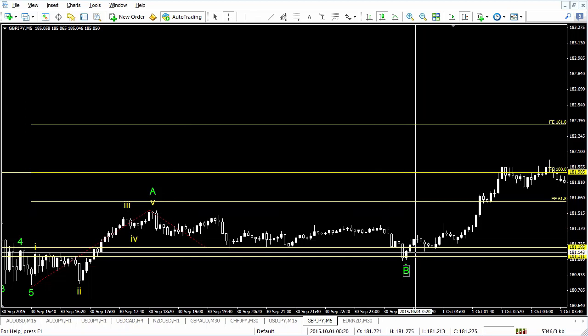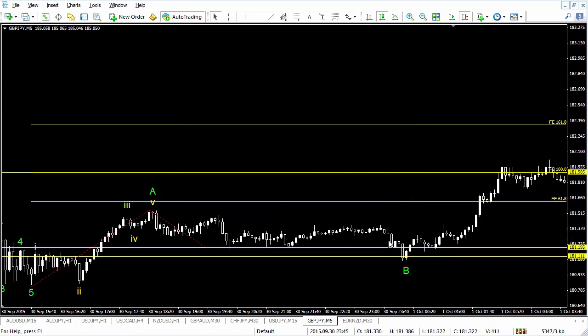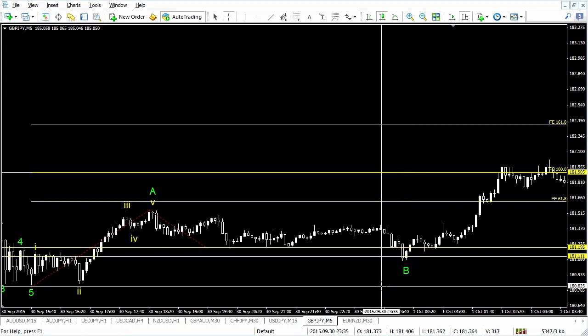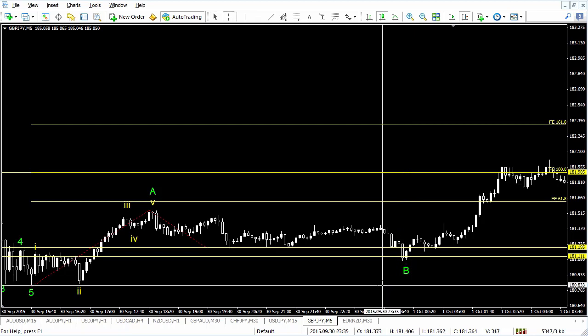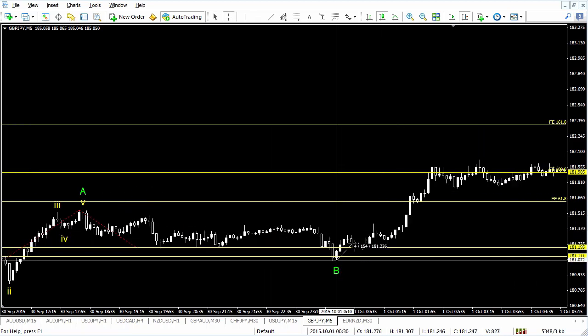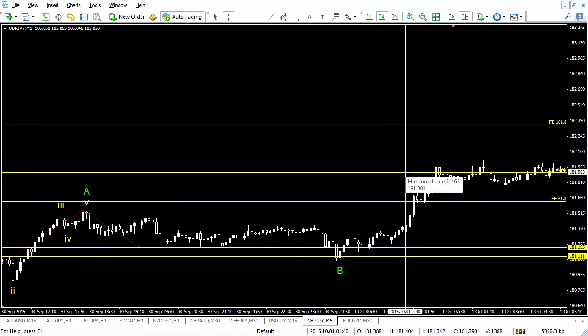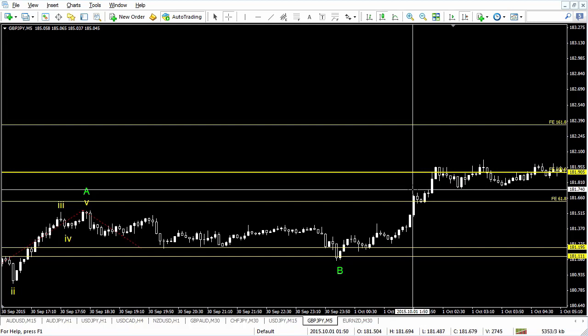This is the shape of a double three correction, but you don't need to care about that right now, because you are filled and you know that your stop loss is at 180.083. So after that, price continued to push higher. Once we tested 100%, both of our positions should be closed, because that's the take profit for both positions.